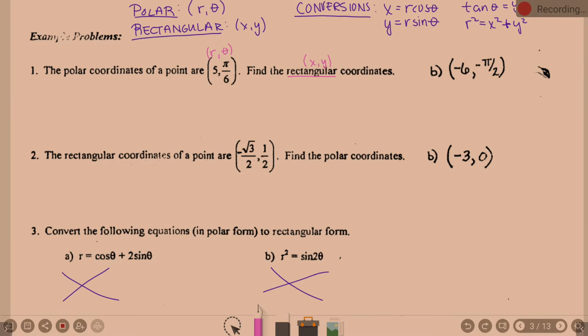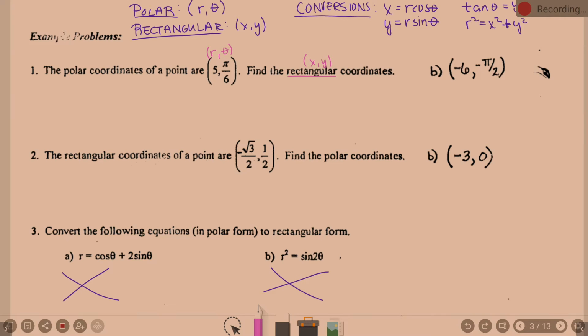If we know r is 5 and theta is pi over 6, what equation do you want to use? I've got 4 different conversion options here. Start with x equals r cosine theta, because we know r and we know theta.